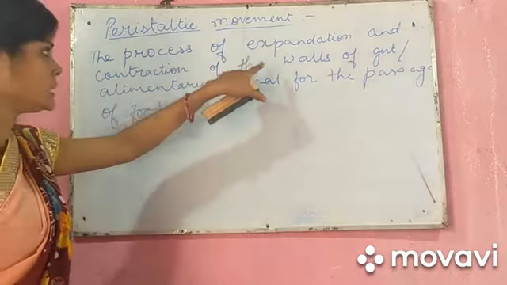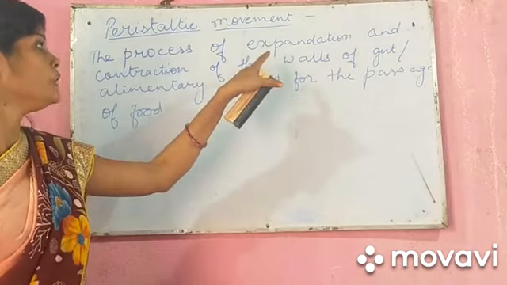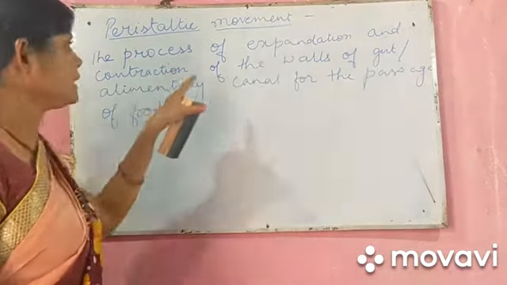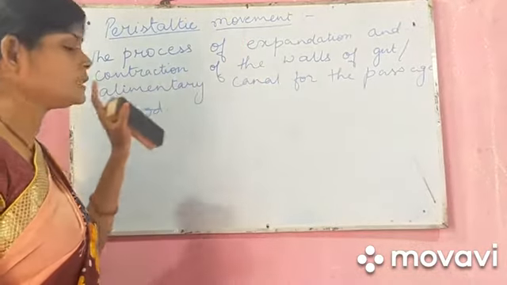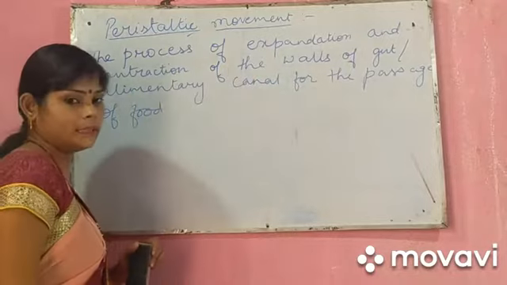The process of expansion and contraction of the walls of the alimentary canal or gut for the passage of food is called peristaltic movement.